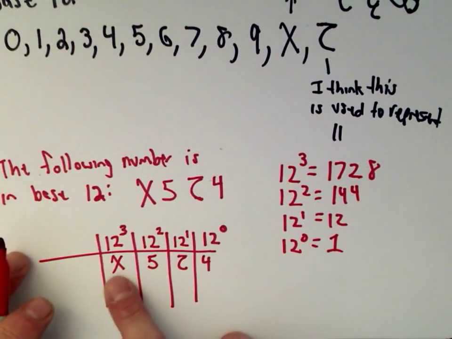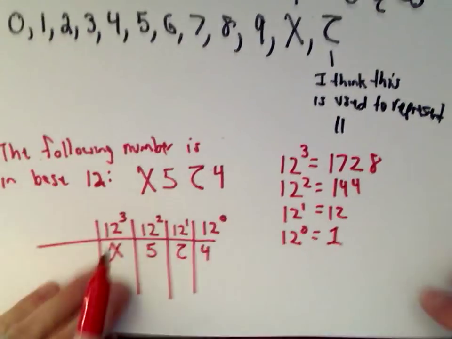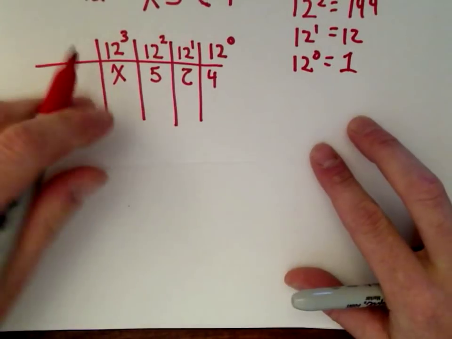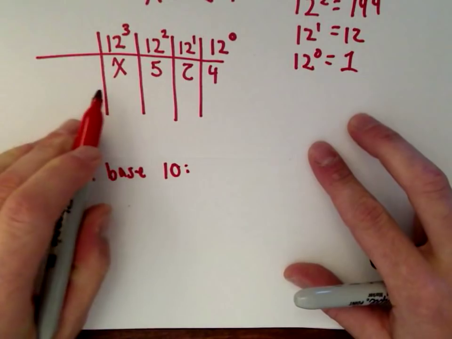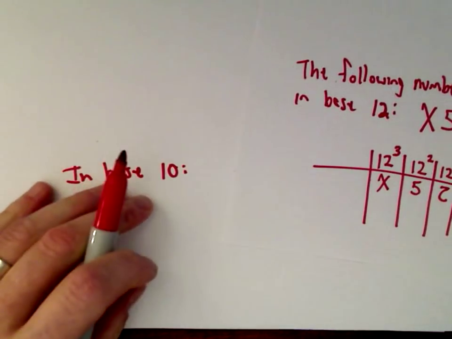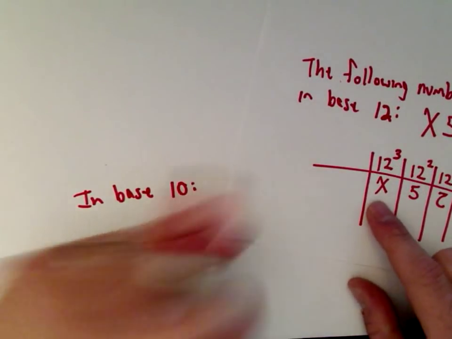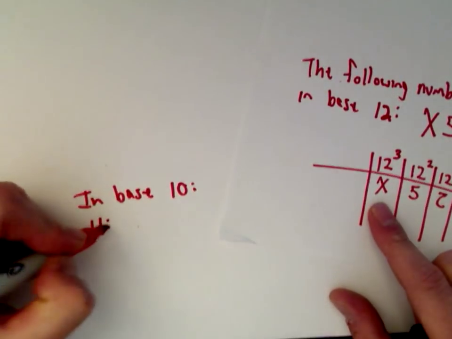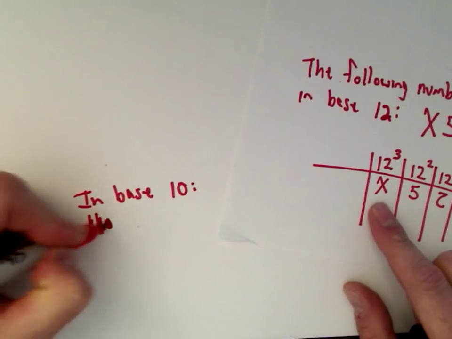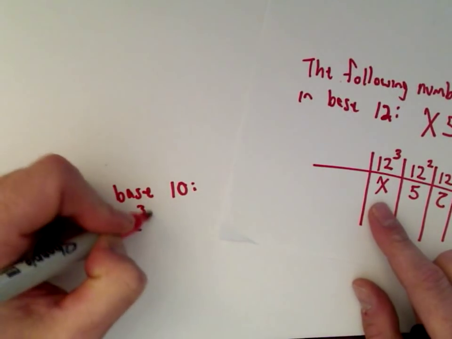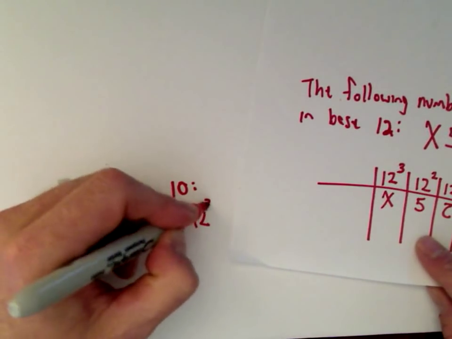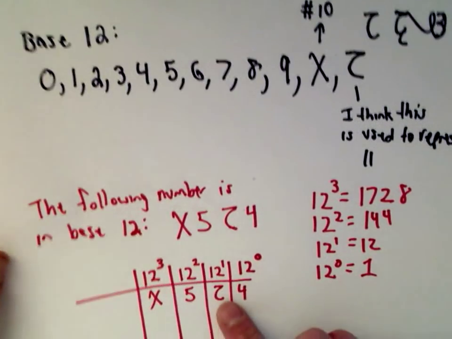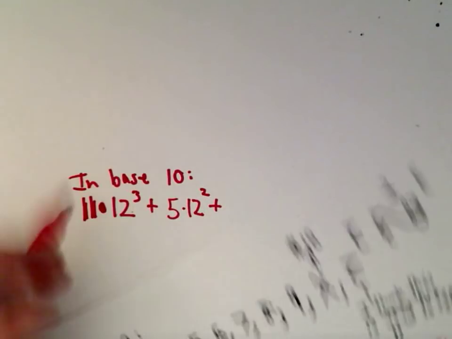So when we rewrite this number now in base 10, let me find one more piece of paper. Our x, we said that's going to represent our familiar number 11. So it says we have 11, 12 to the thirds, plus our next number was 5. So we have 5, 12 squareds, plus our upside down 2, which represented the number, oh shoot, okay, sorry.